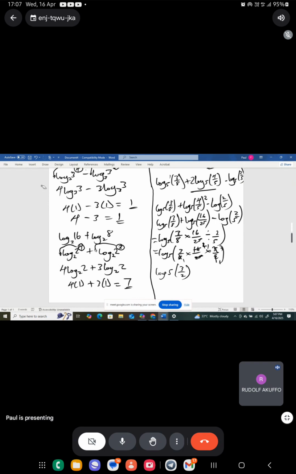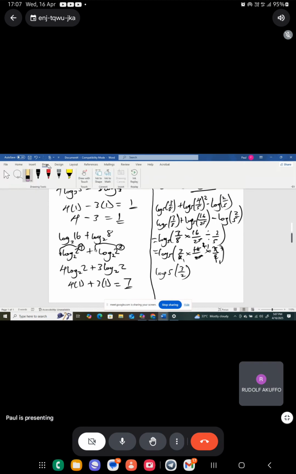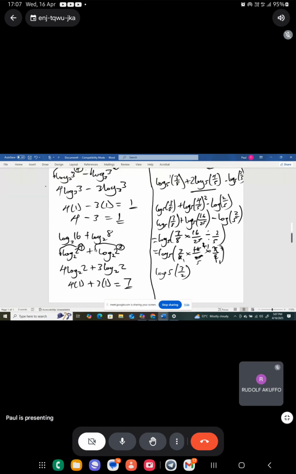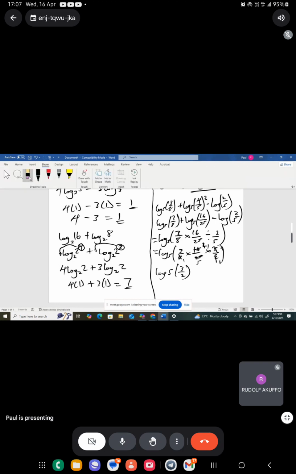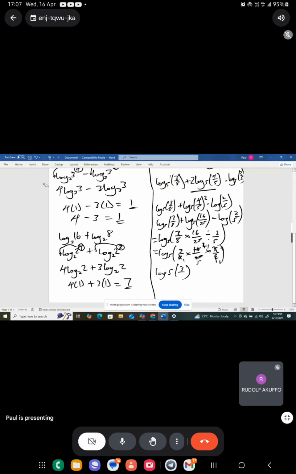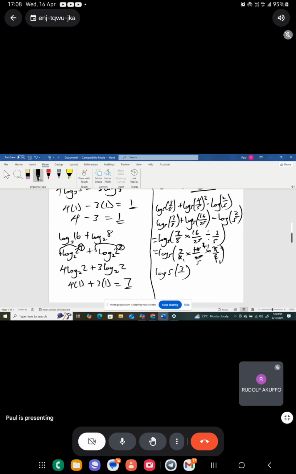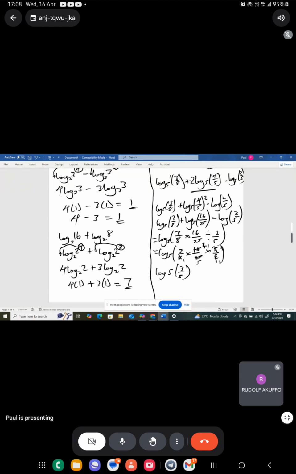Yeah, that's what I was finding confusing. 5 times 5 is 25. So 5 will go into 25 five times, so we get 3 over 5 instead of 3 over 2. I made a mistake. Do you understand now? Yeah, I do.